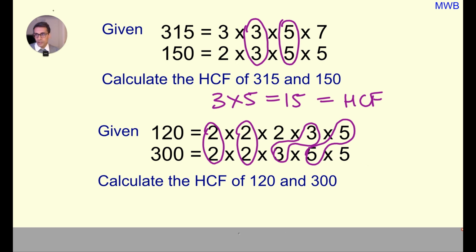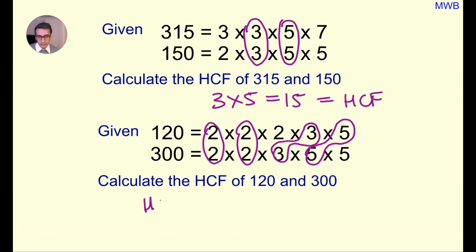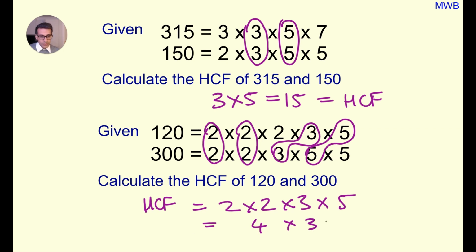So the highest common factor here is going to be 2 times 2 times 3 times 5. That will give you 4 times 3, let's write this as 12 times 5, which is 60. So 60 is the biggest number that goes into 120 and 300.